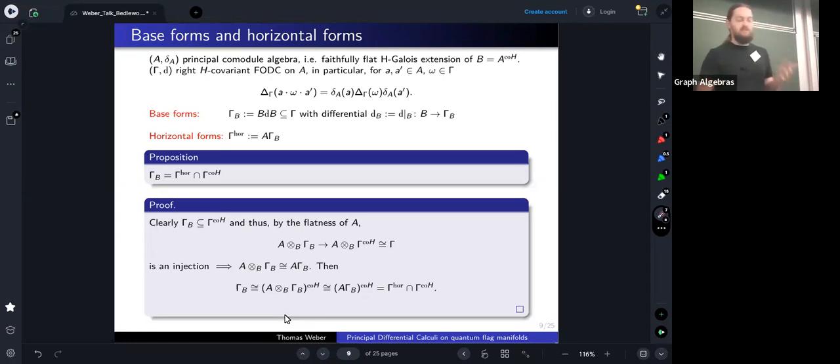We will see that some people take actually the A bimodule, so A on both sides, but we would like the left A module.